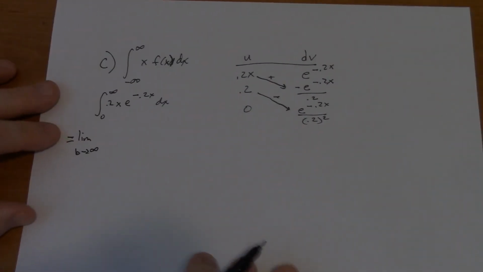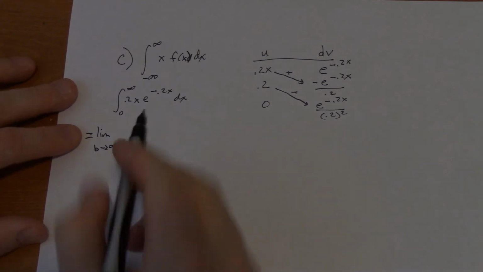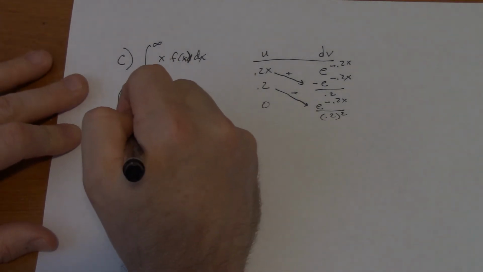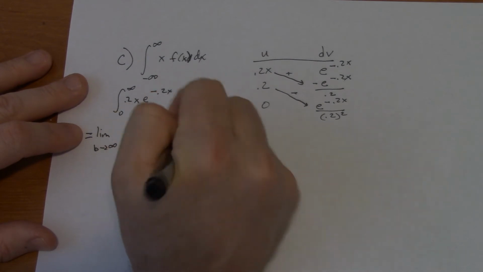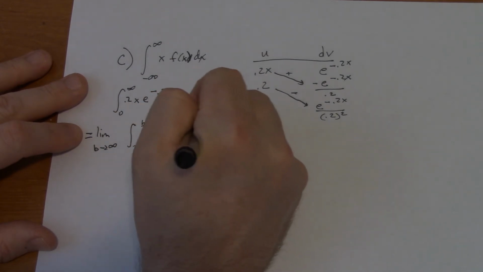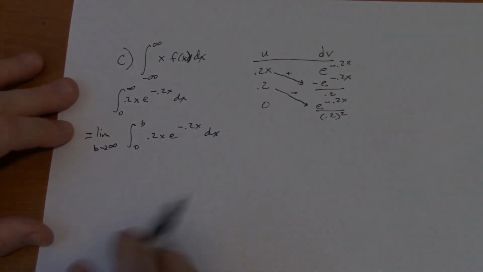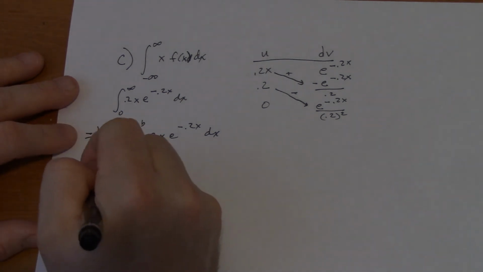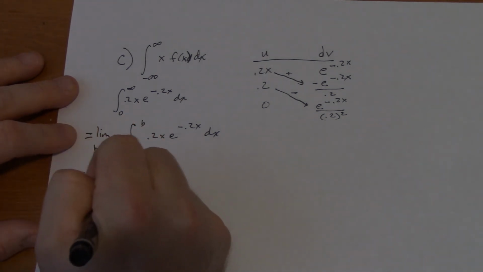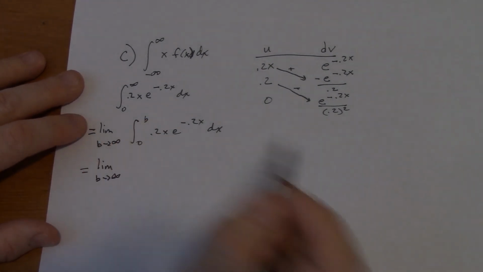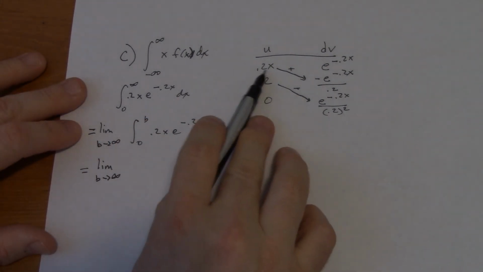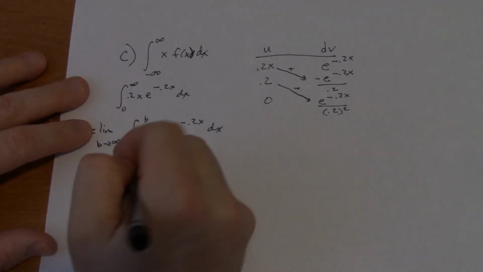Alright, we're going to make this a proper integral first. So it's the limit as b goes to infinity from 0 to b of 0.2x e to the minus 0.2x dx. And now I know my antiderivative, so this is the limit as b approaches infinity of, let's see, this times this one. So all these are going to end up being negative.